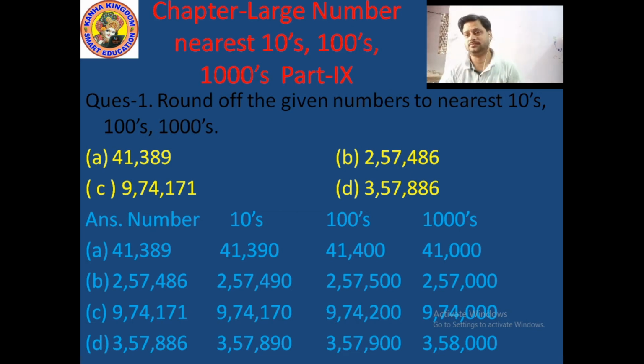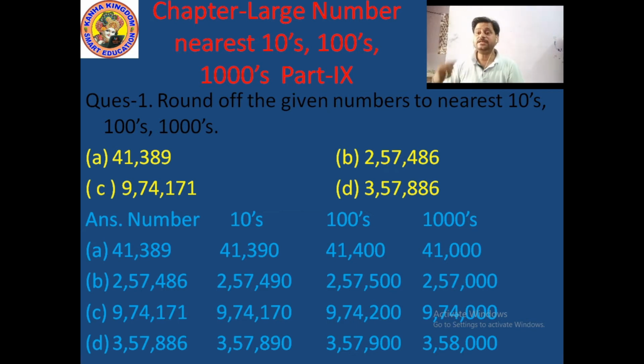So in this number, which digit is in the ones place? Yes, 9 in the ones place. So 9 is less than 5, equal to 5, or more than 5?